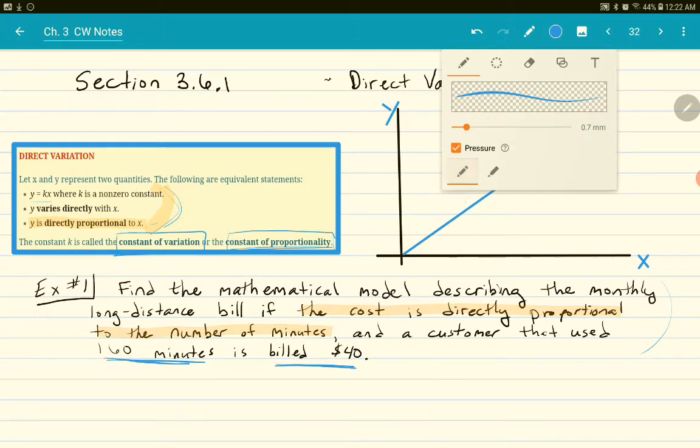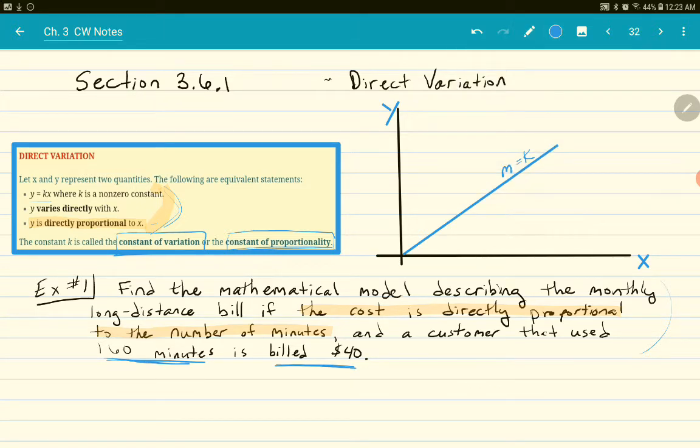That tells me that y, that's how we start, the cost, so y is the cost, and y is directly proportional to the number of minutes. So y is directly proportional to x, which means x equals the number of minutes.